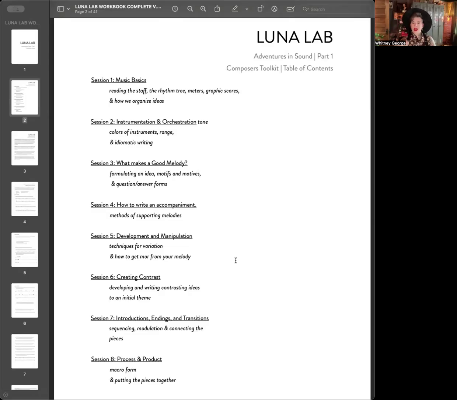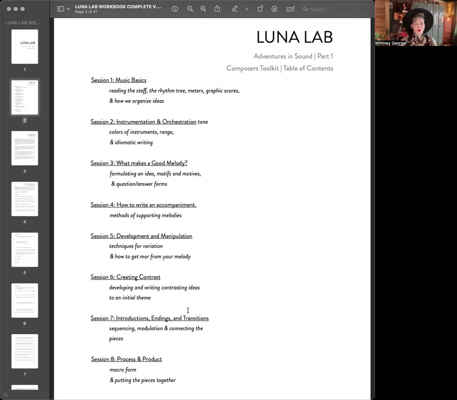We quickly gain speed. We talk about how to write an accompaniment, how to develop an idea, and points of manipulation, and I think this is one area that a lot of composers, even myself, who am pretty seasoned at this point, are always trying to figure out: how to poke and prod my musical ideas once I have them written down.